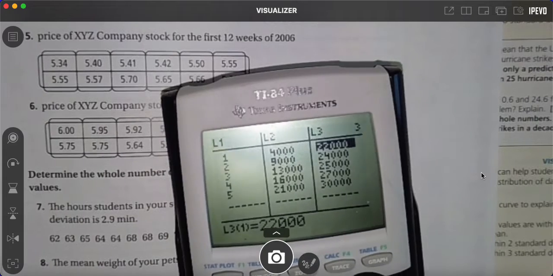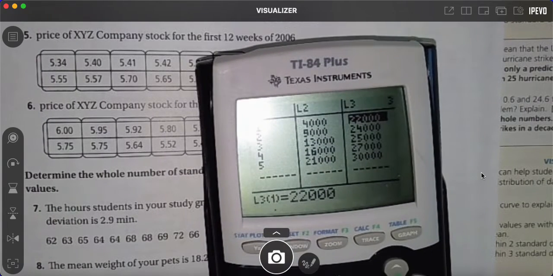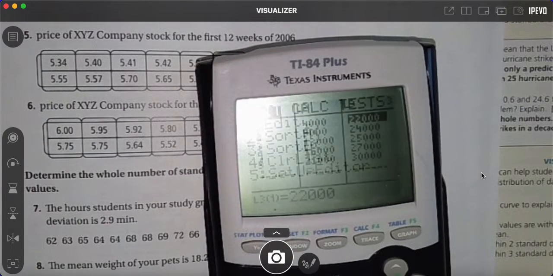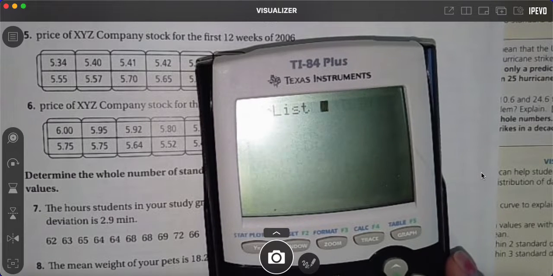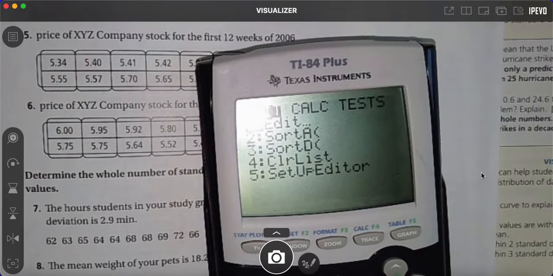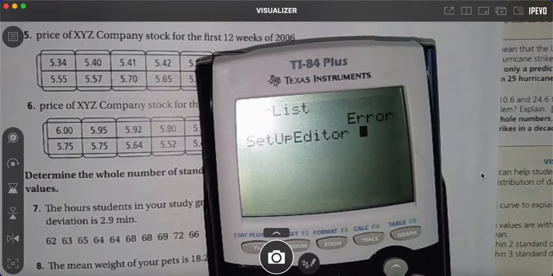If you have a bunch of stuff, you can delete each one, but I'm going to go back to stat and try to clear my list. Sometimes it says error. I don't know why it does that. I'll go to setup editor.